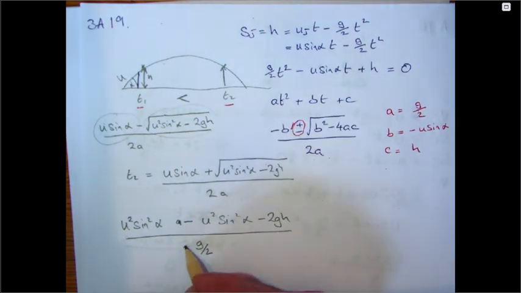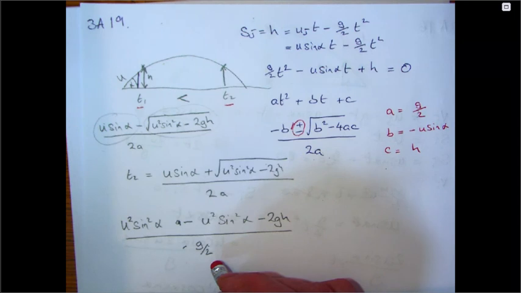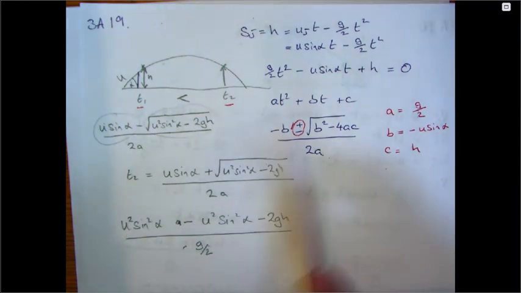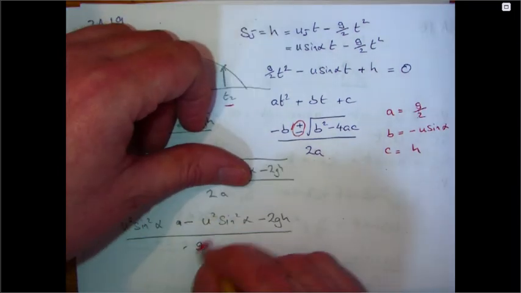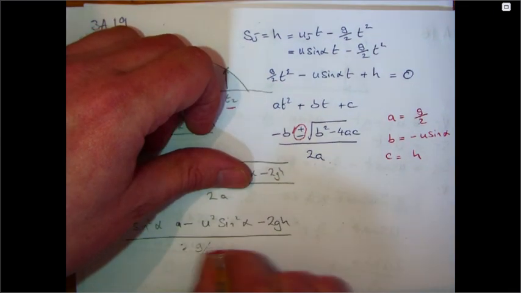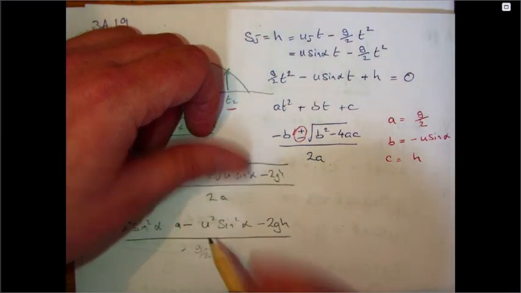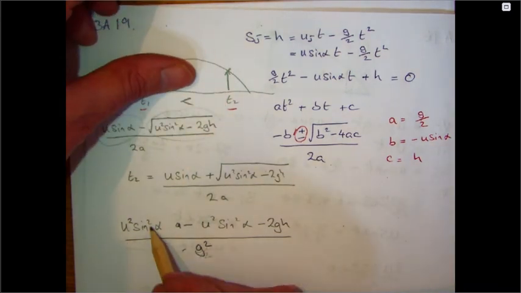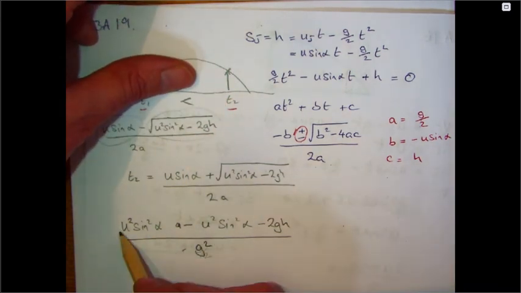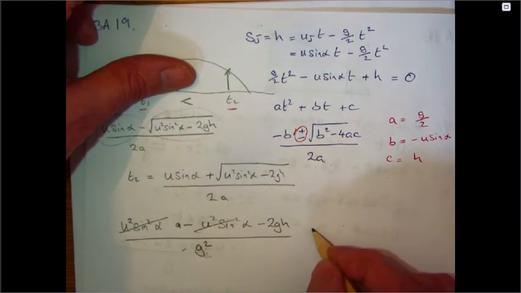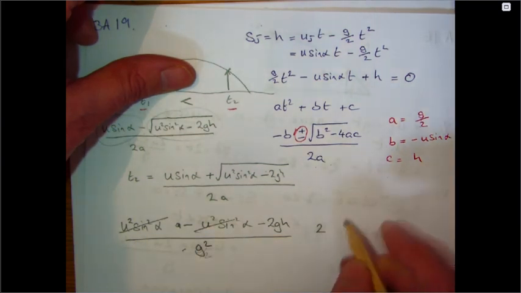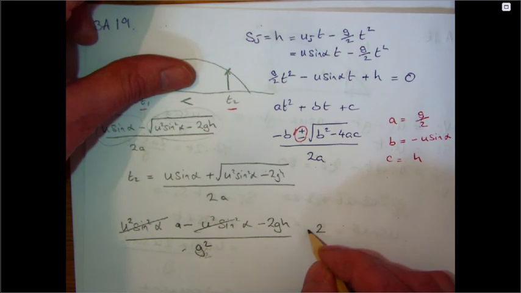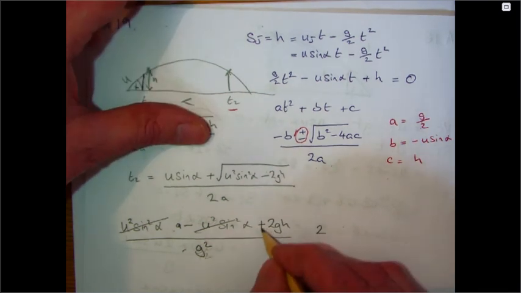There's two of them, so it's just equal to g. But it's g by g, so it's g squared. Over g squared, u squared sine squared alpha minus u squared sine squared alpha cancels, and there was a minus there, plus there.